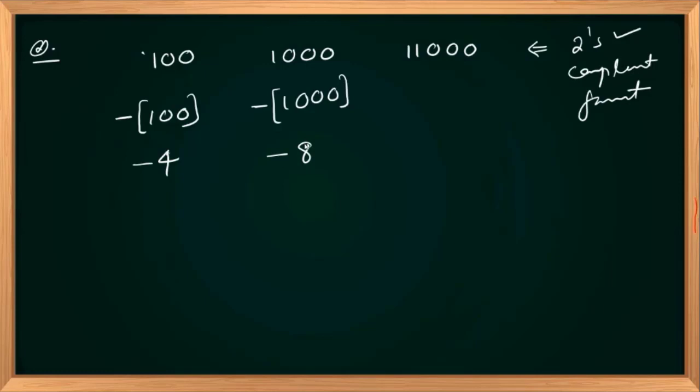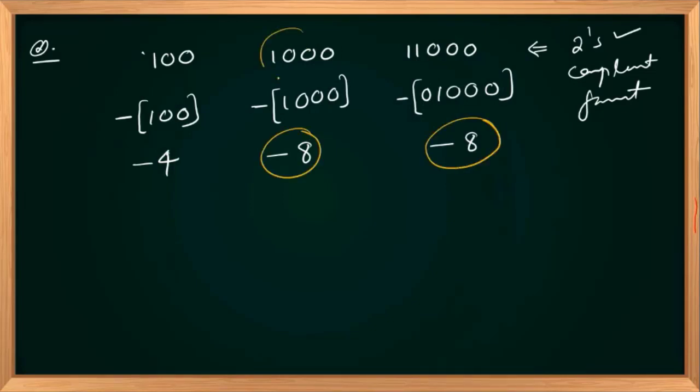The number here is again negative, and the representation used is 2's complement representation. So I should take the 2's complement of that number. It is 00010. So that is the same as minus 8. So these two will give me the same number, right? So the second number, actually the first number was 1000.